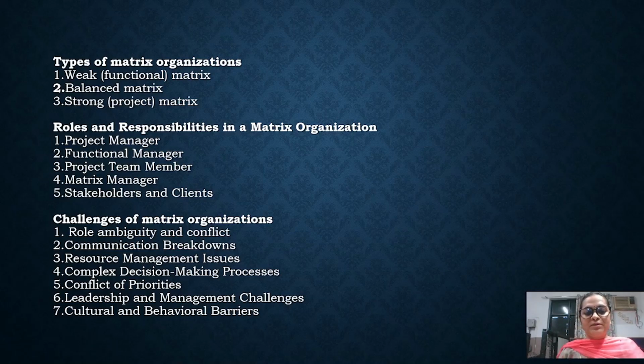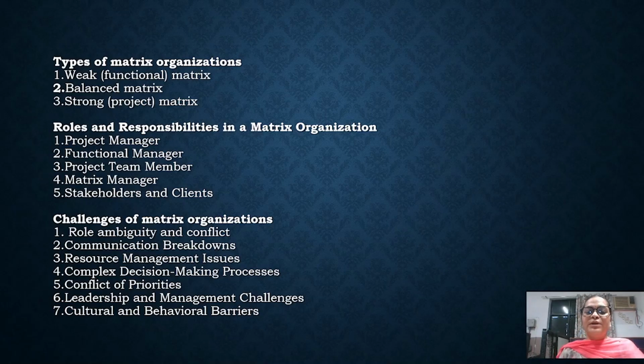Now, in a balanced matrix organization, both functional managers and project managers share the authority and responsibility equally. They will collaborate closely to make decisions, to allocate the resources, and even to manage the project execution.